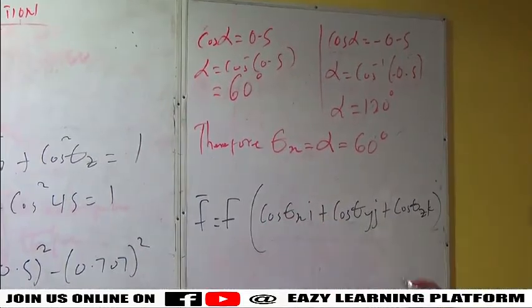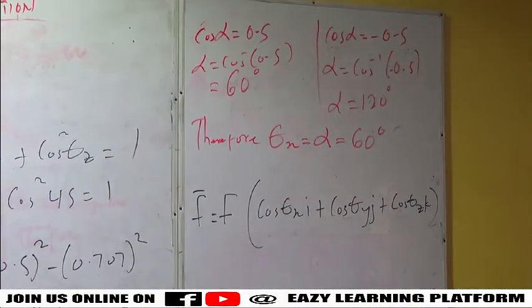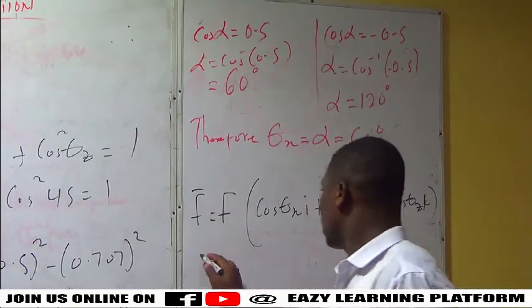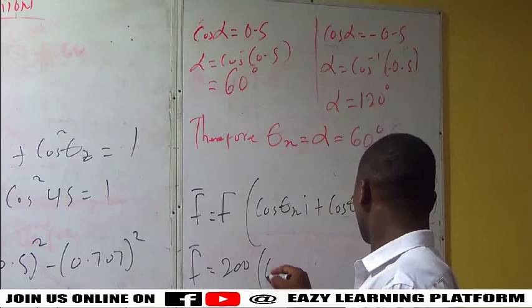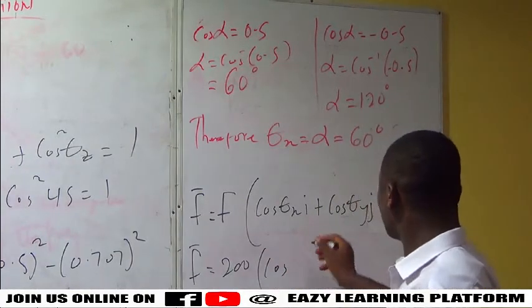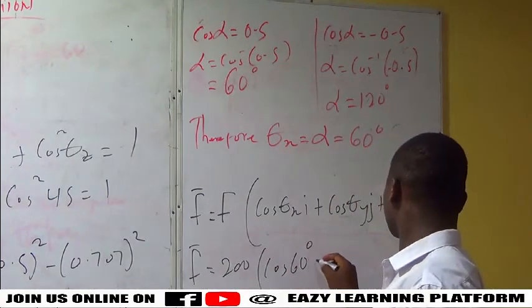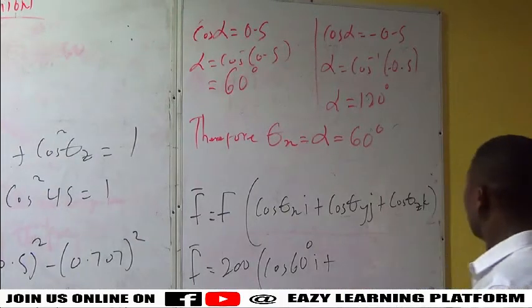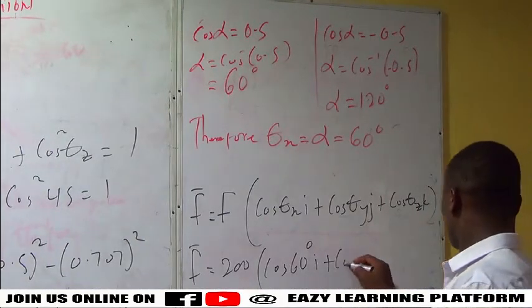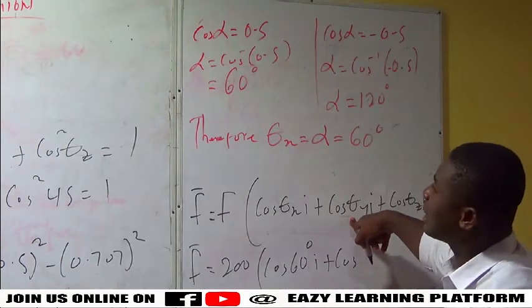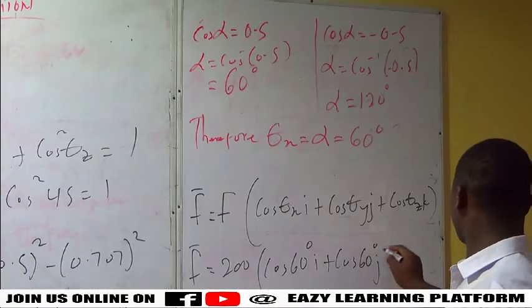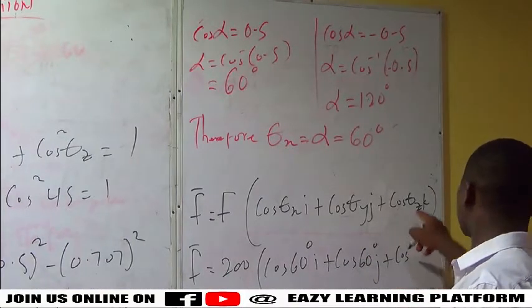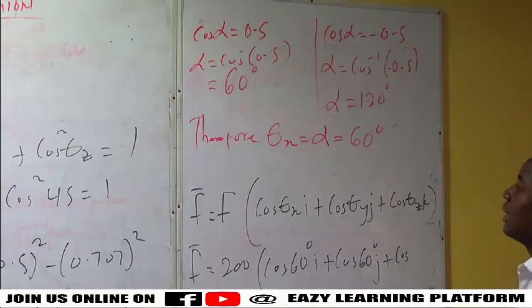So substituting all the known variables into this formula, we have the force vector to be 200 into bracket cos 60 degrees i plus cos 60 degrees j plus cos 45 degrees k.